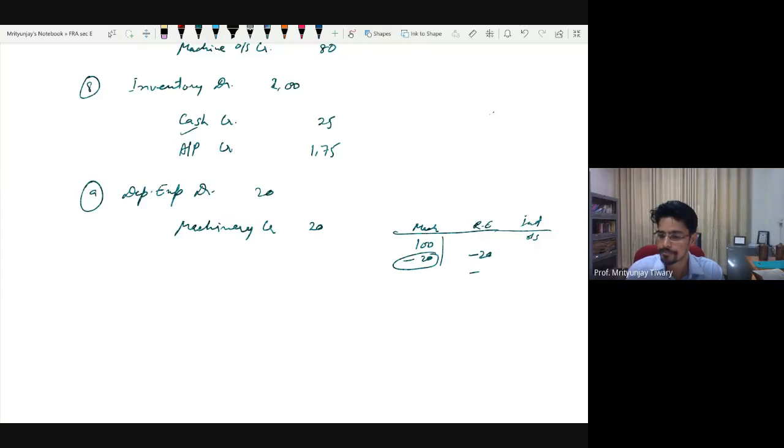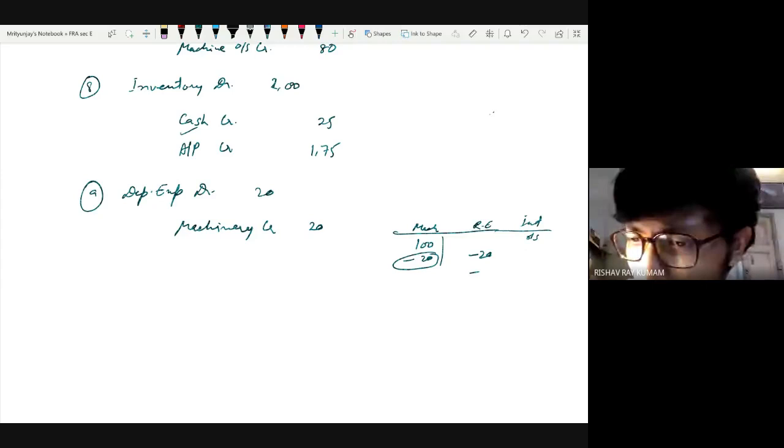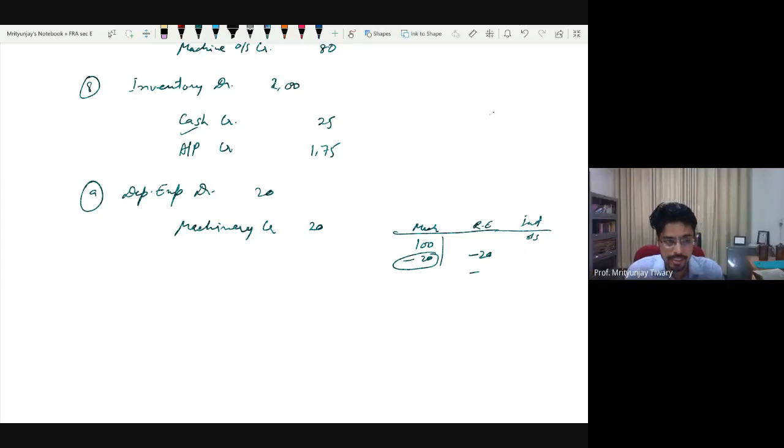Did you understand the difference? Yes, no? So could you just repeat, sir, if no mode is mentioned? Basically, what I'm saying is that if a transaction is mentioned, but the mode of transaction is not mentioned, let's say it simply says rent expense for the year is 200. When they say rent expense is 200 and they don't mention anything else, that means it has been paid in cash.